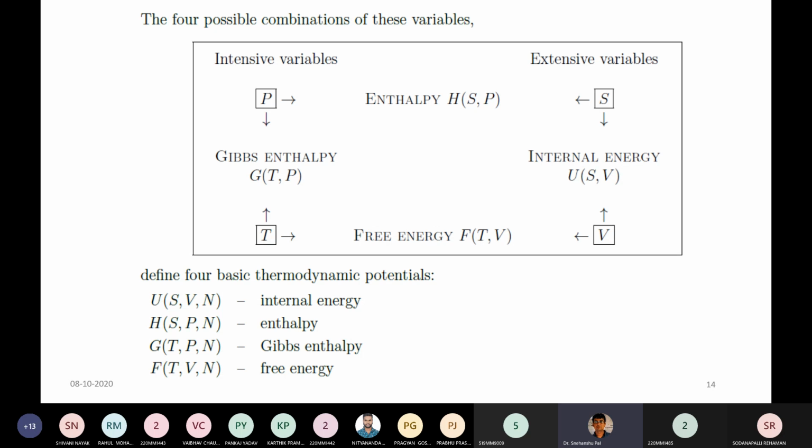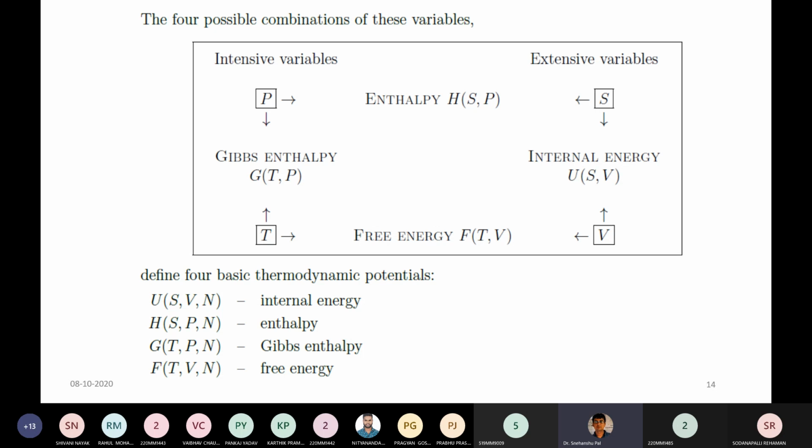Now if you check this diagram, this is a schematic or pictorial representation of what we have learned. Gibbs enthalpy, you can say Gibbs free energy, and here the free energy is the Helmholtz free energy. We categorize the variables into two columns. Pressure is an intensive variable and capital T is also an intensive variable, as we already know, and entropy and volume are extensive variables.